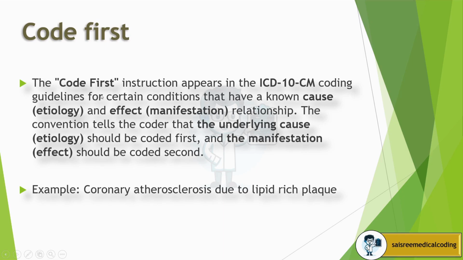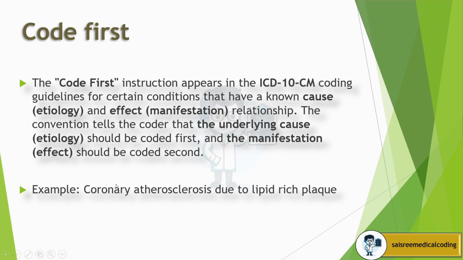In simple terms, we will be finding this code first convention in our tabular list. By seeing that code first convention, we need to identify that this should be captured along with the main code, and that should be captured in sequence first. That is what they are explaining about the code first convention.